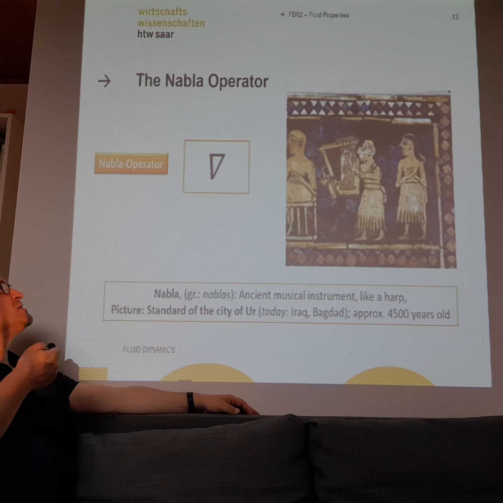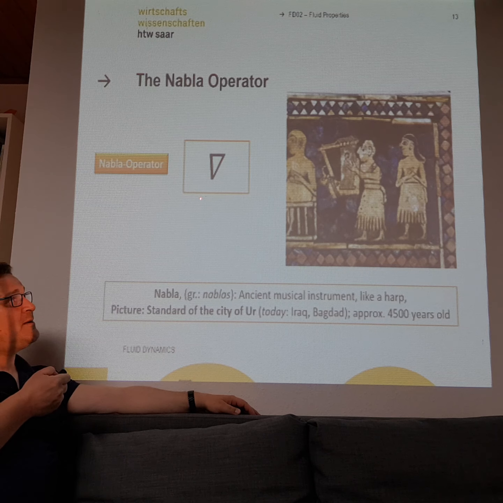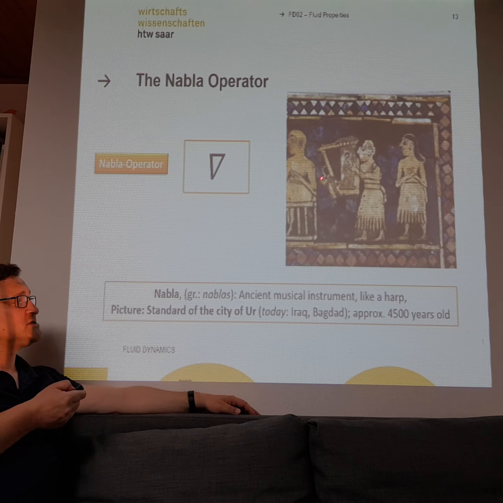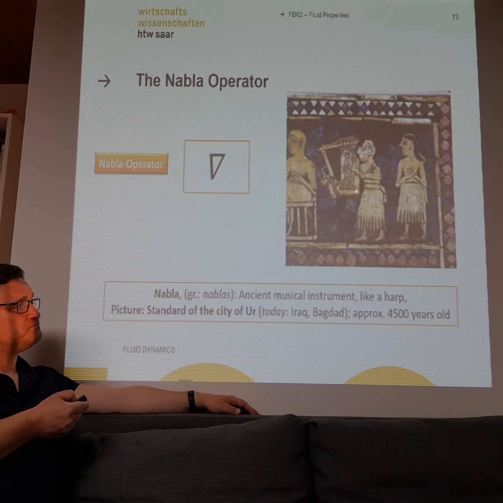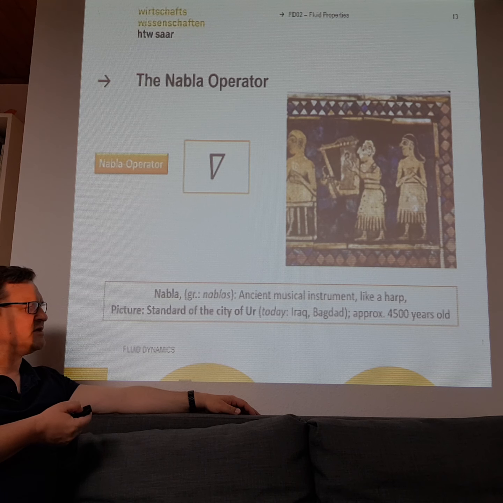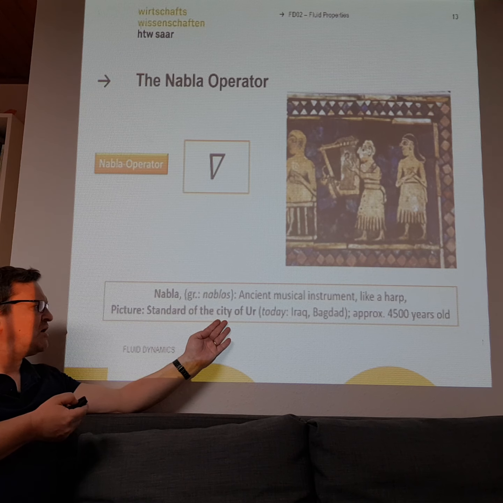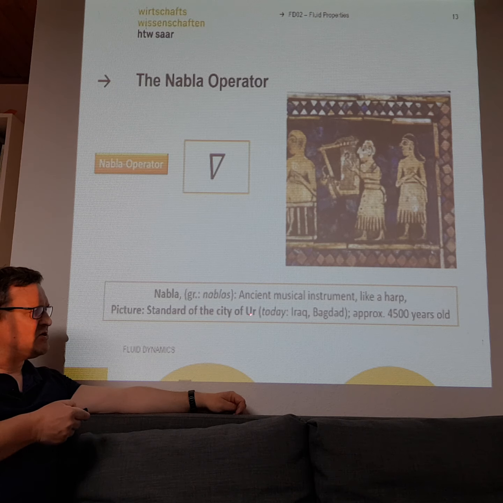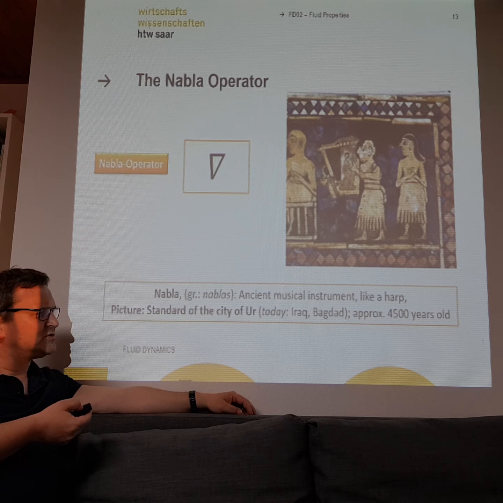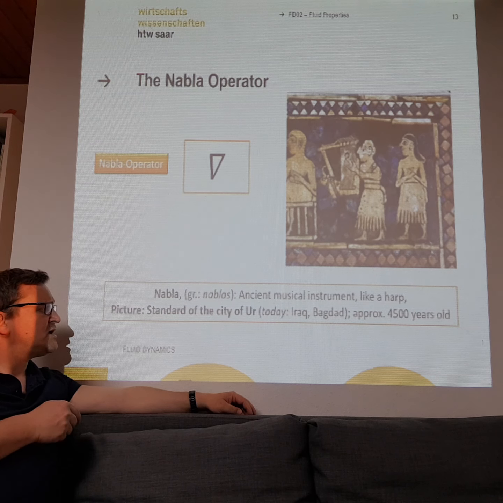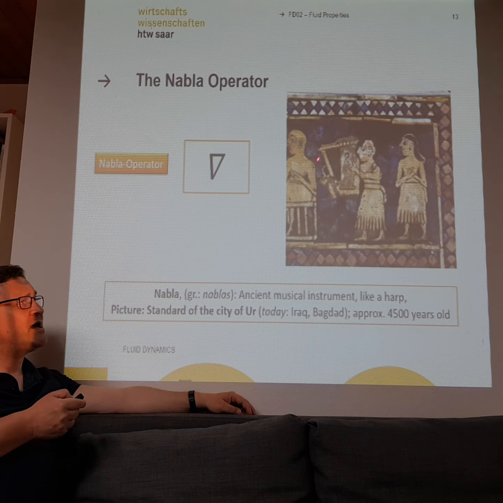The first observation of a nabla was on a over 4,500 year old picture from the ancient city of Ur. Today it's near Baghdad in Iraq, and they had a high culture.